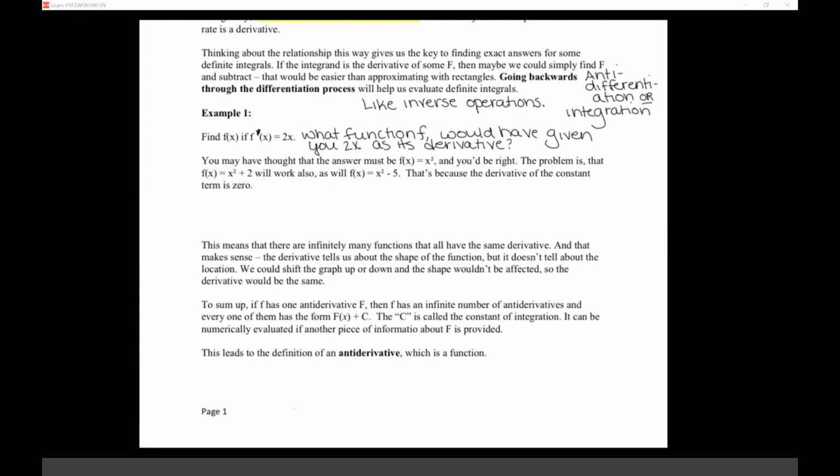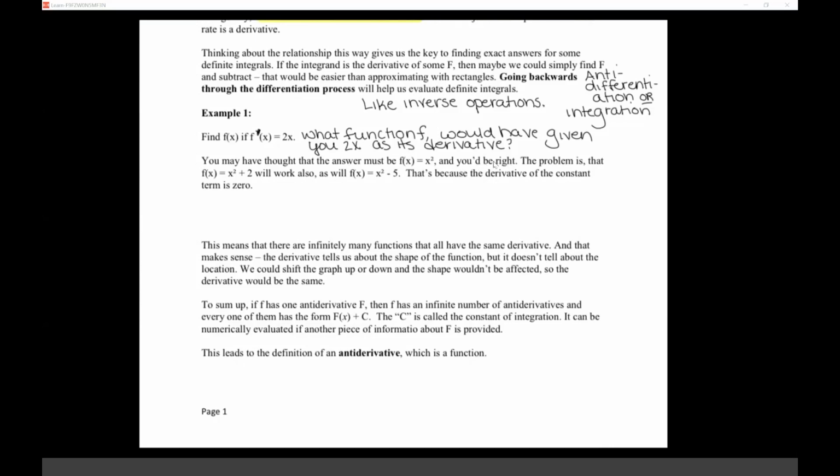What's difficult about this is now you've got to think backwards. You have to say, well, 2x, that 2 would have come from the exponent, because I would have brought the 2 down in front. So it would have been x squared. x squared would have been my function.